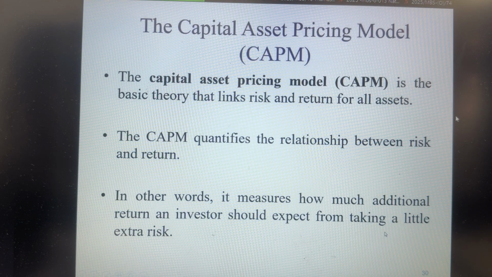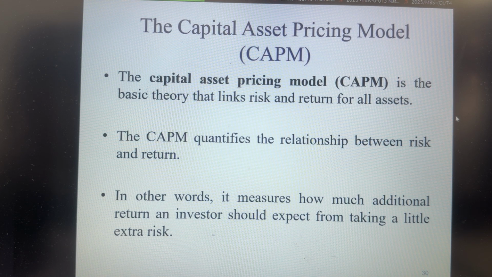Right, now we are moving to the last part of this risk and return topic, which connects with one of the theoretical models. Risk and return are the two concepts. But when we take asset pricing models in finance, the first theoretical model is called CAPM, right?